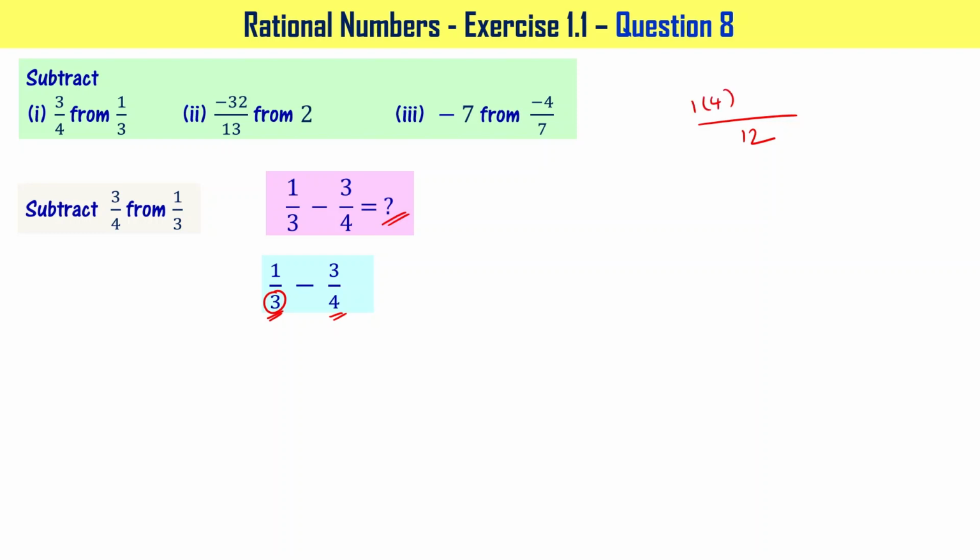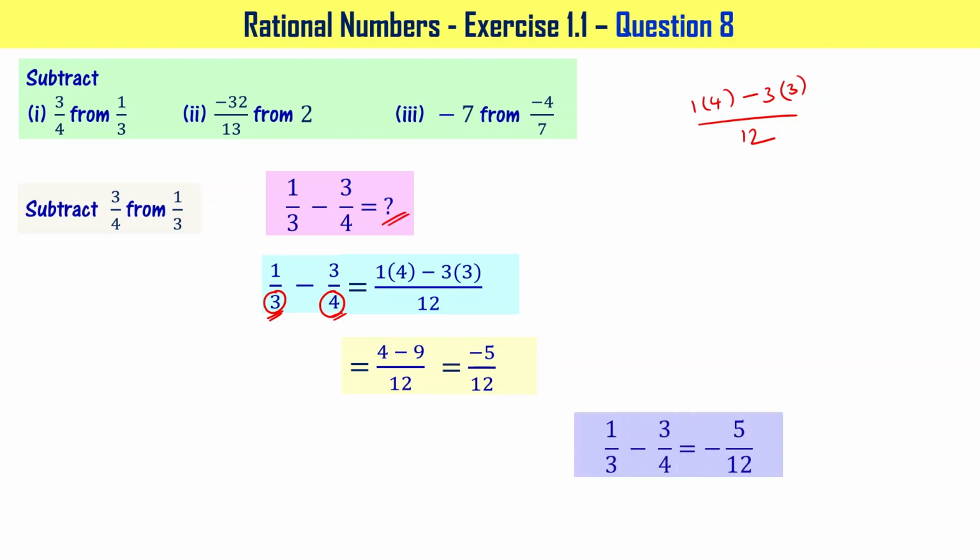That's why we can write it as 1 times 4 minus 3 times (12 divided by 4, that is 3), so (1 times 4 - 3 times 3) divided by 12. When you simplify it, you can write it as (4 - 9)/12, right? The answer is -5/12. When you subtract 3/4 from 1/3, the answer you get is -5/12.